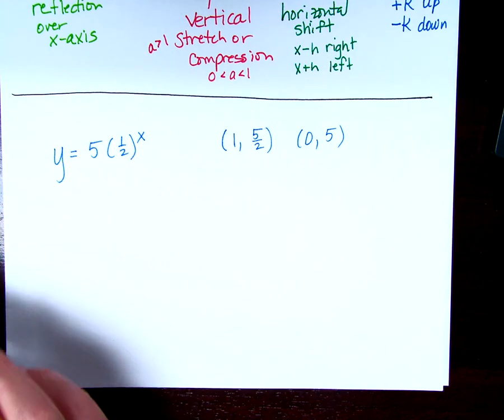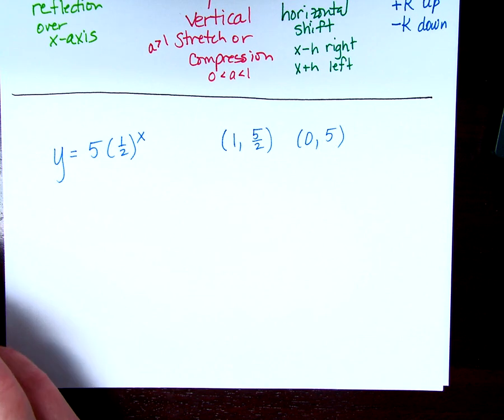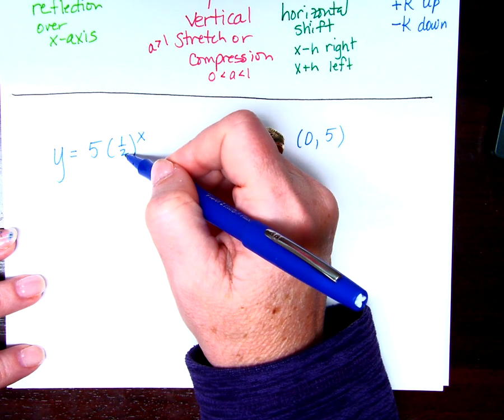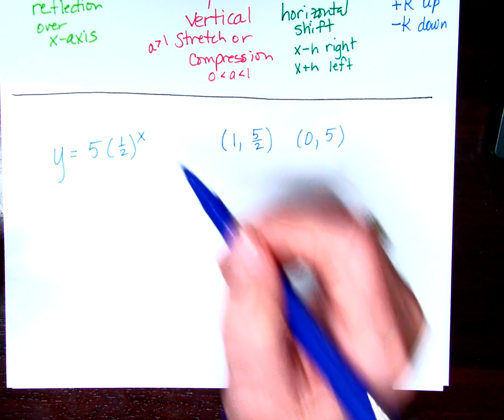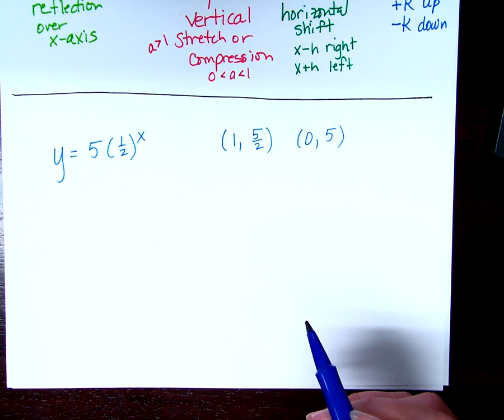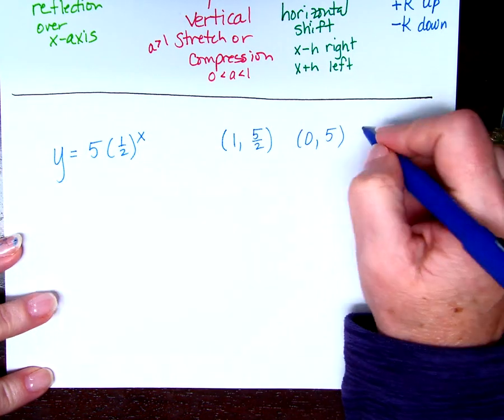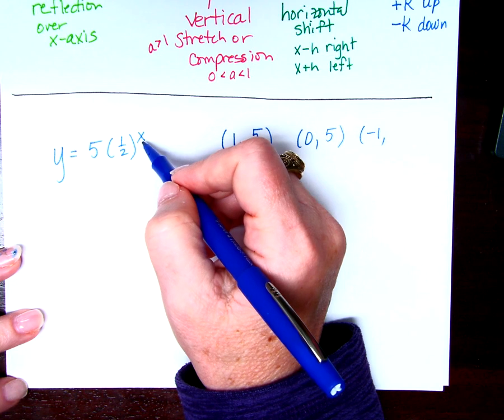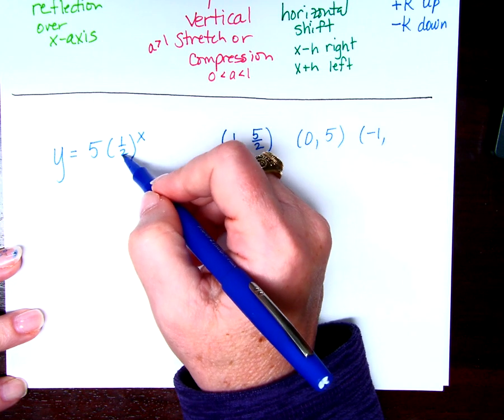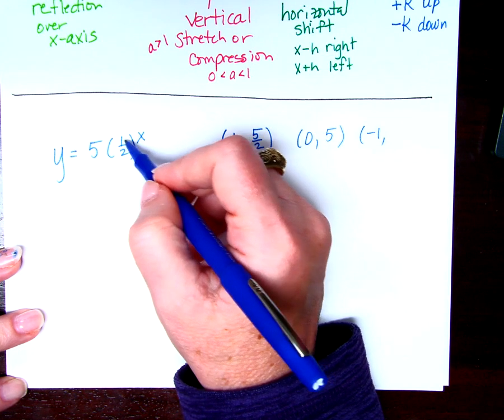Do you remember what it is? How do I make something from the denominator move to the numerator with exponents? Negative exponents, right? So what if I made this a -1? What's 1/2 to the -1 power? Doesn't that move the 2 to the top and the 1 to the bottom?